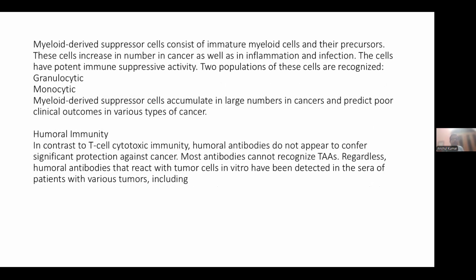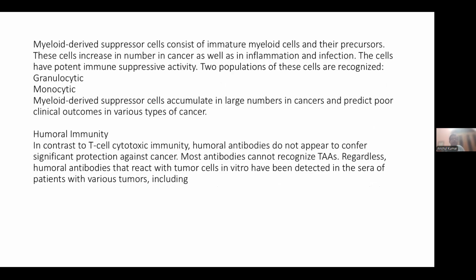Then there are myeloid-derived suppressor cells, with two populations, granulocytic and monocytic. Myeloid-derived suppressor cells accumulate in large numbers in cancers and predict poor clinical outcomes in various types of cancers.